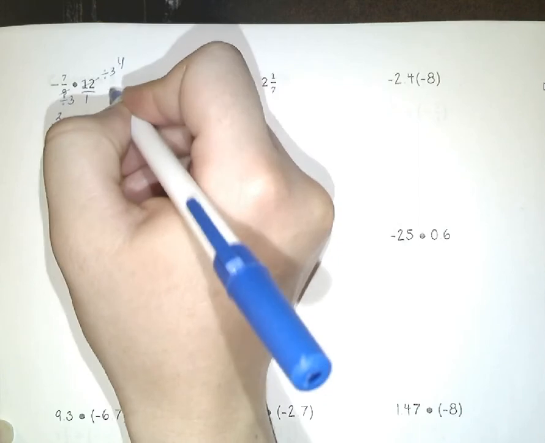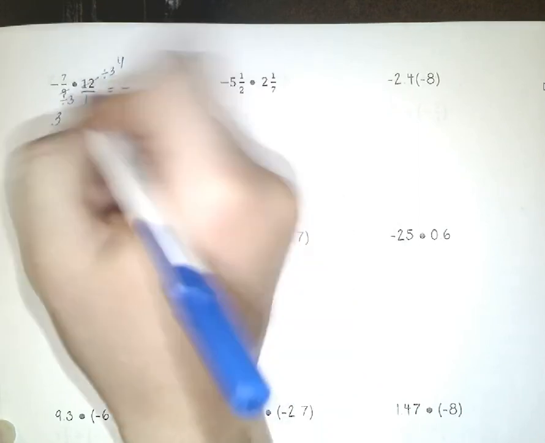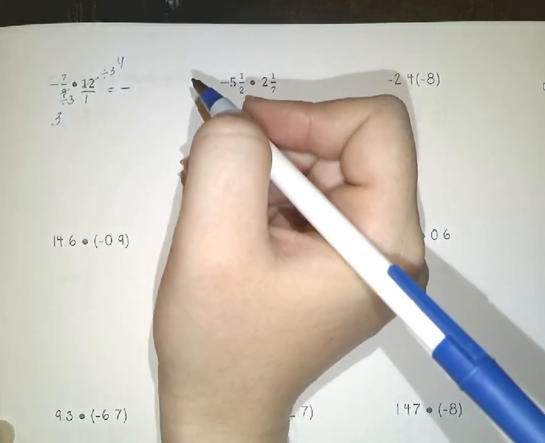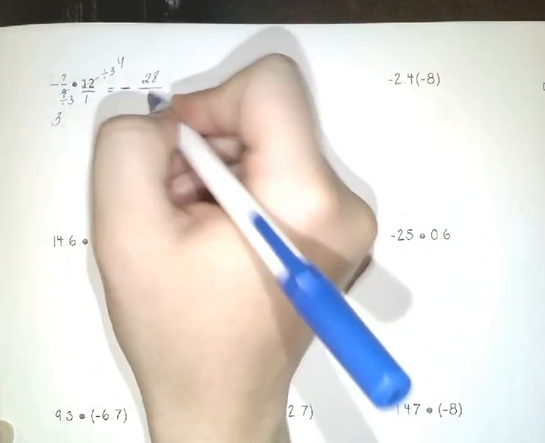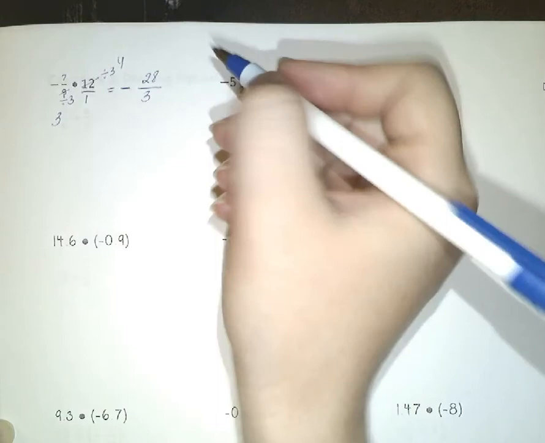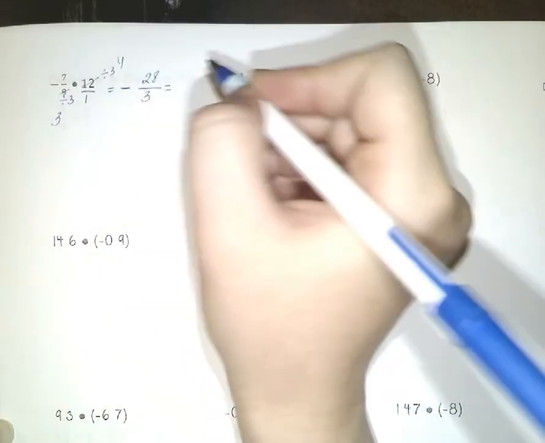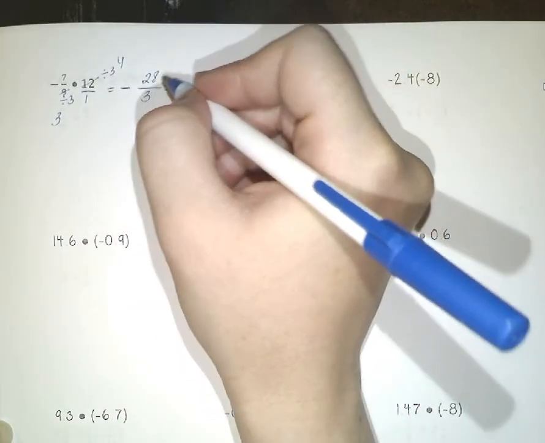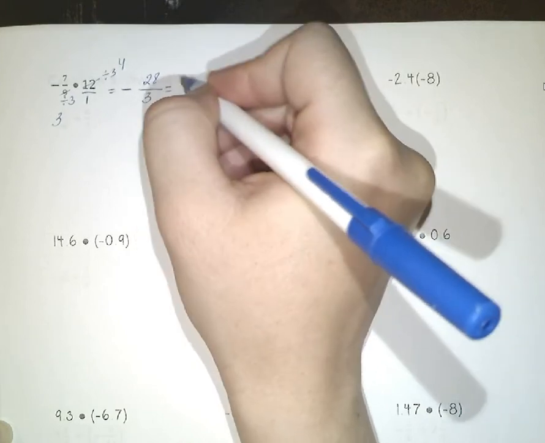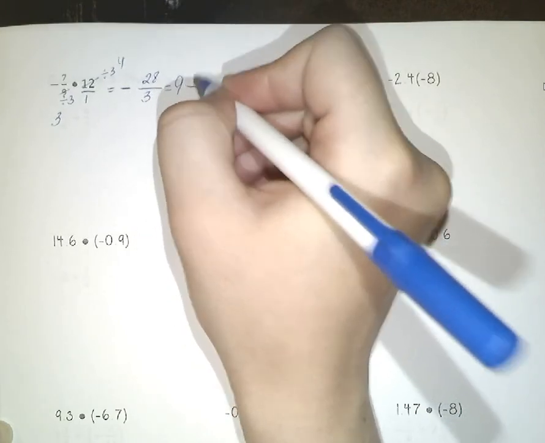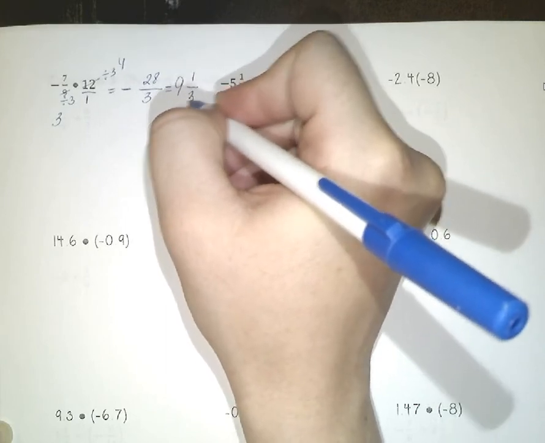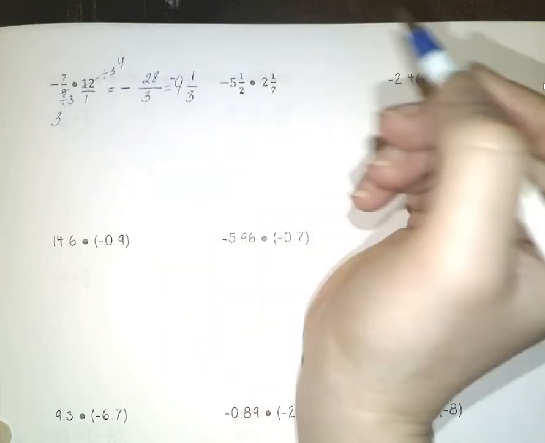My answer is going to be negative because I'm multiplying different signs. 7 times 4 is 28, and 3 times 1 is 3. Now I need to simplify, turn it into a mixed number. 28 divided by 3 is 9. 9 times 3 is 27, so there's 1 in the remainder, so 1/3. Negative 9 and 1/3.